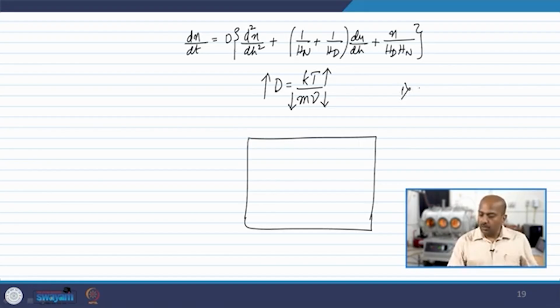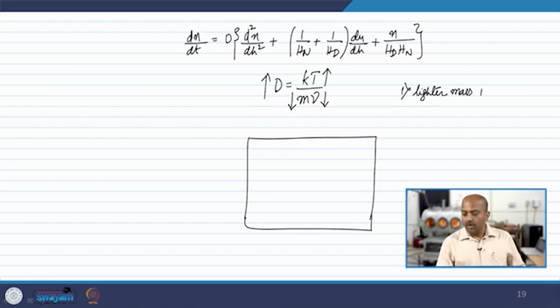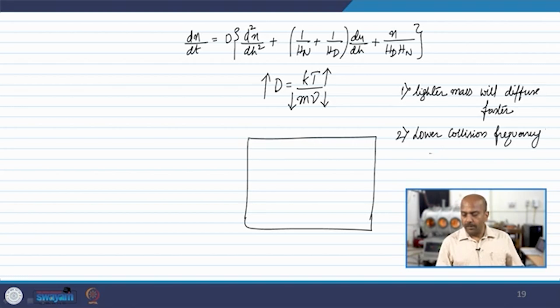So, one conclusion is particles with lighter mass will diffuse faster, right, and lower collision frequency leads to larger diffusion naturally, right.